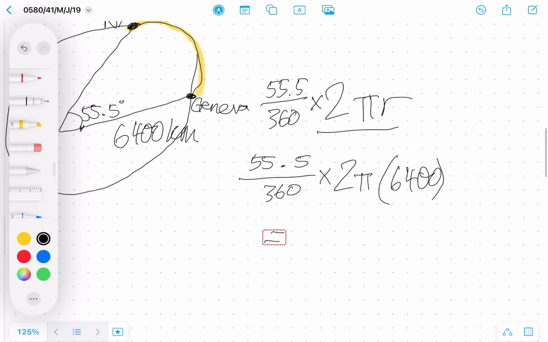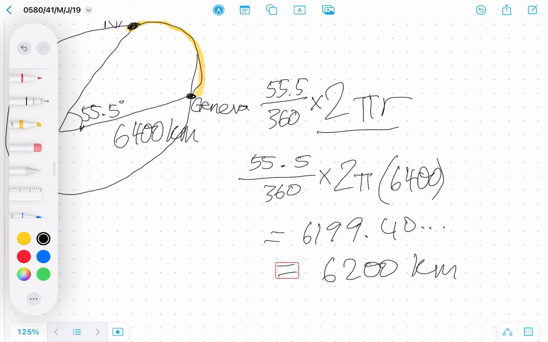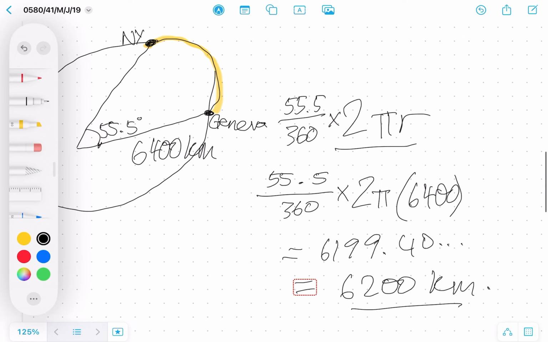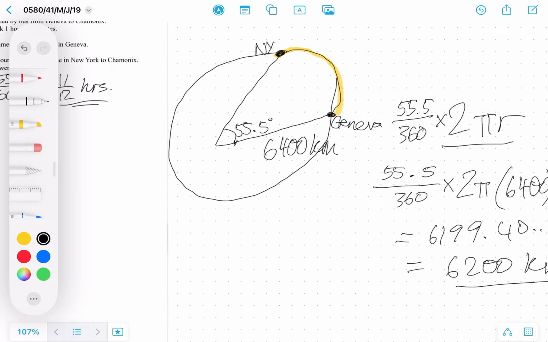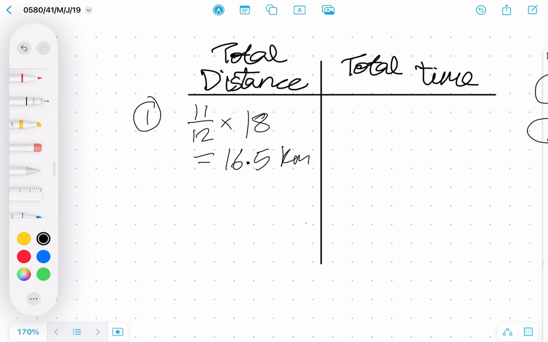After putting this into your calculator, you get something like 6,199.40, and rounding to 3 significant figures gives 6,200 kilometers. So that's the distance between New York and Geneva. From the second statement, there is a further distance traveled of 6,200 kilometers.